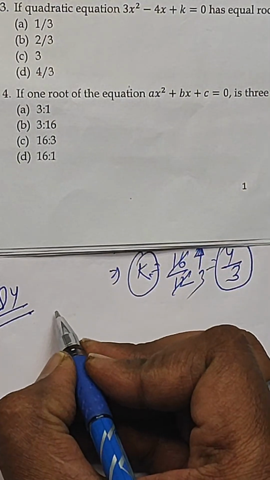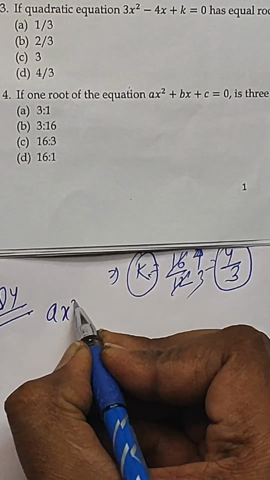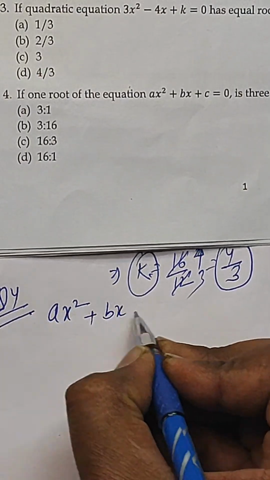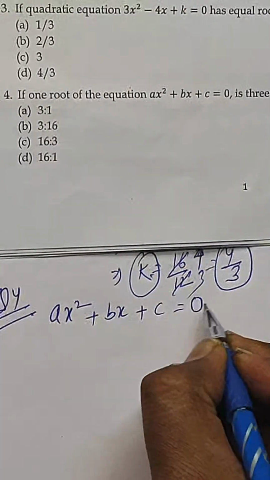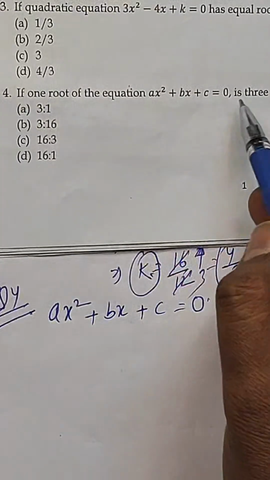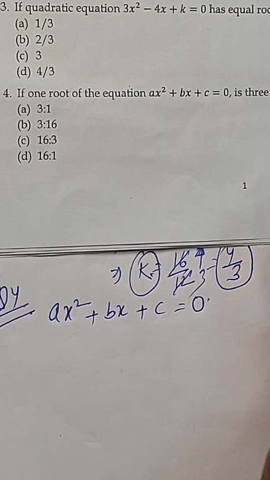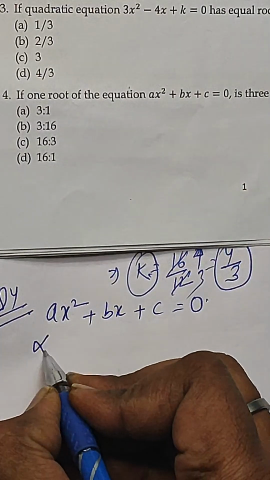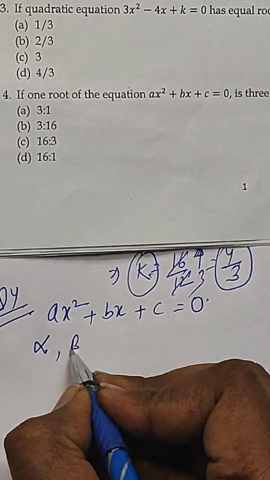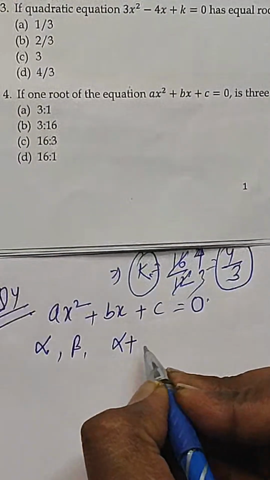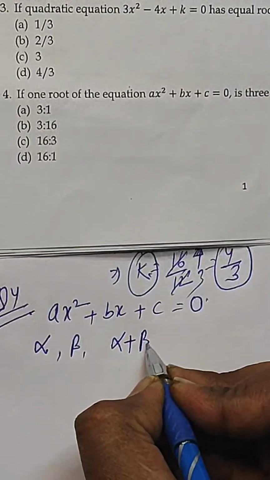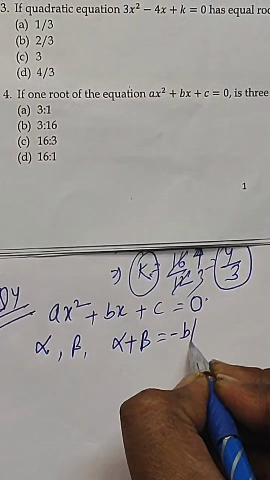So let us assume the standard form of quadratic equation ax square plus bx plus c is equal to 0. As given to you, one root is 3 times the other. Then with roots alpha and beta, the sum of the roots will become alpha plus beta, whose value will be minus b by a.